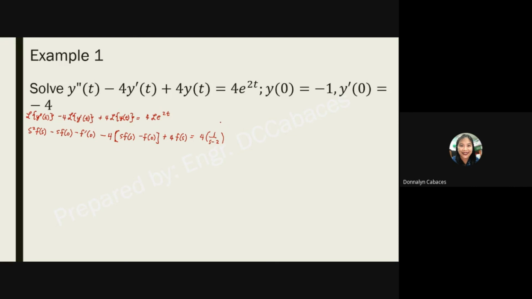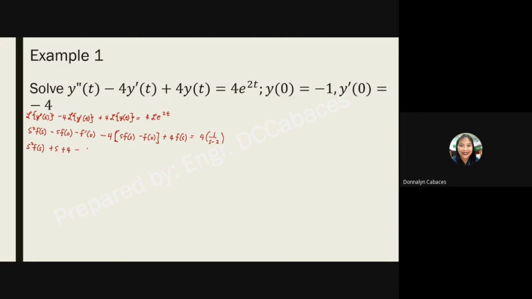Okay? Then now we simplify. You have here s squared f of s. Given f of 0, this is your y of 0, is negative 1. So negative 1 times negative s, so you have here plus s. Minus f prime of 0. Your y prime of 0 is negative 4, so times the negative, that would be plus 4.